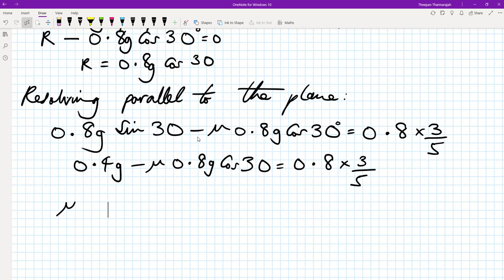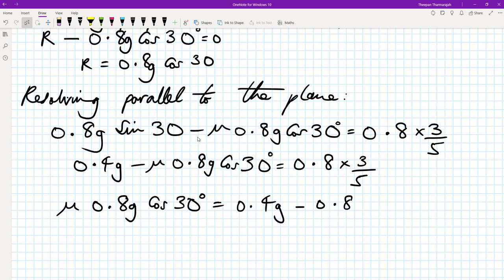So that will give me mu times 0.8 g cos 30 degrees will be equal to 0.4 g minus 0.8 times 3/5.